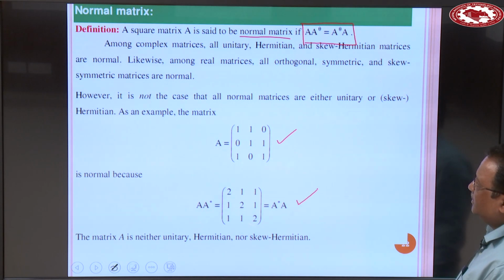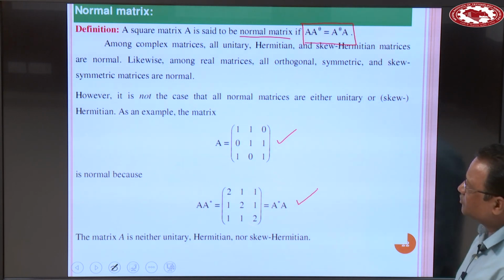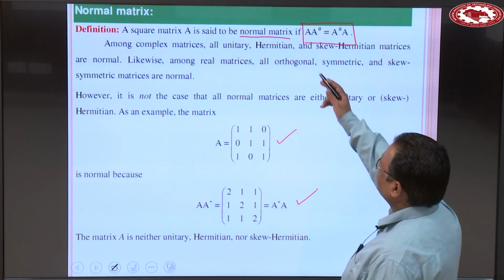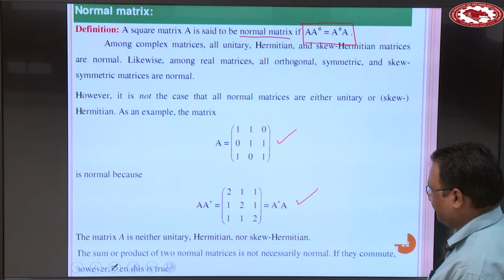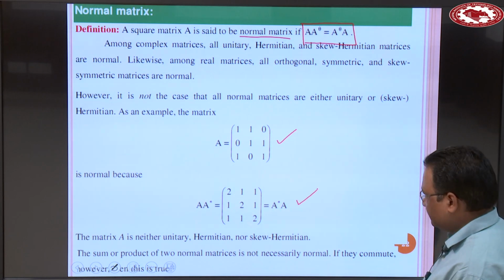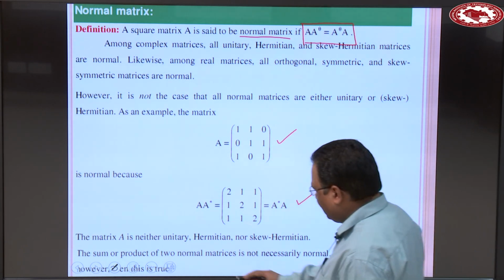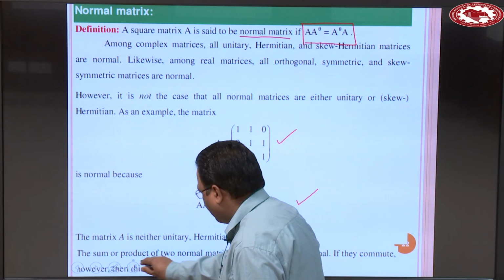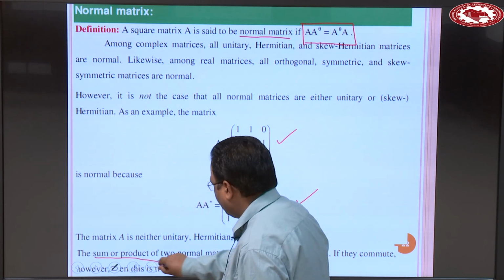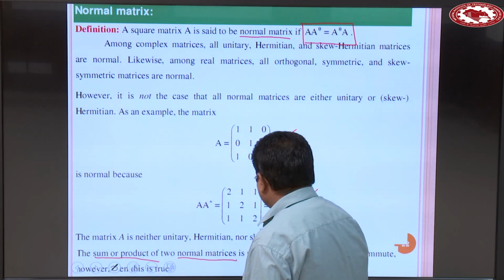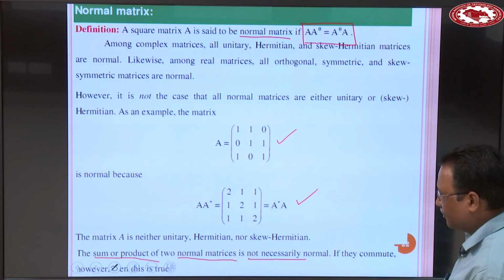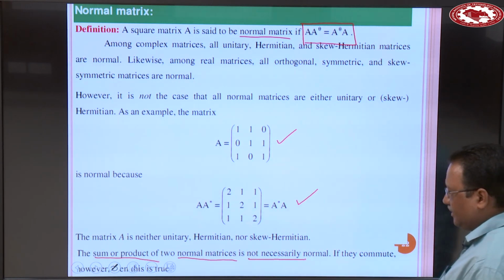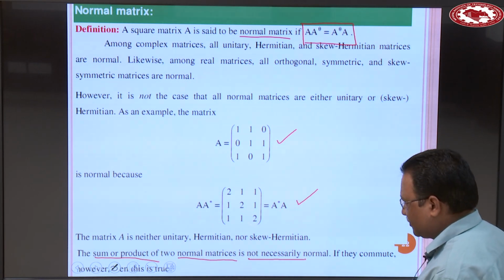Clear? So, the definition of a normal matrix is that a square matrix A is said to be normal if A theta A is equal to A A theta. The sum or product of two normal matrices is not necessarily normal unless they commute. Otherwise, this is true.